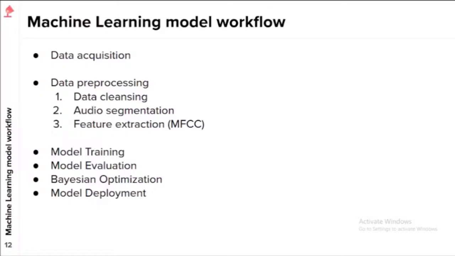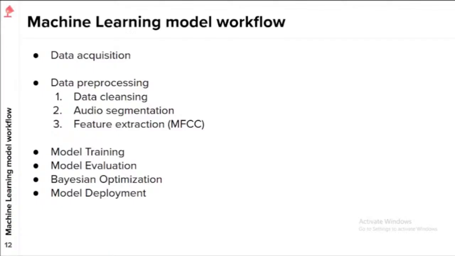Before you can train your machine learning model with the data you acquired, you have to pre-process it. The first step is data cleansing, but this is not to be confused with data cleaning. In data cleansing, you individually evaluate the audio to eliminate noise and irrelevant audio which can affect the performance of your model.